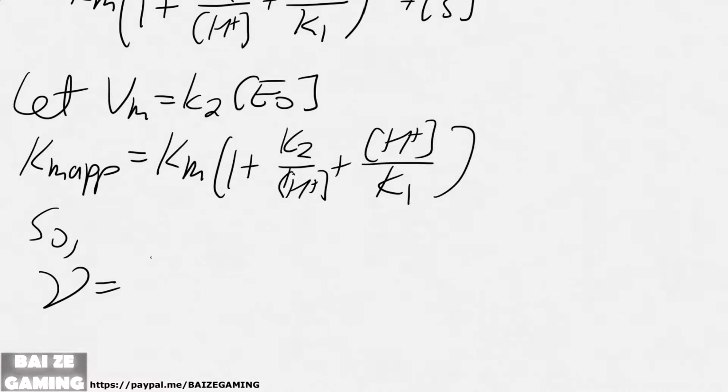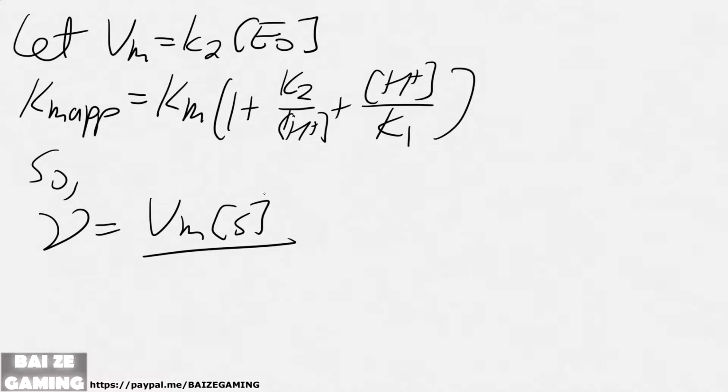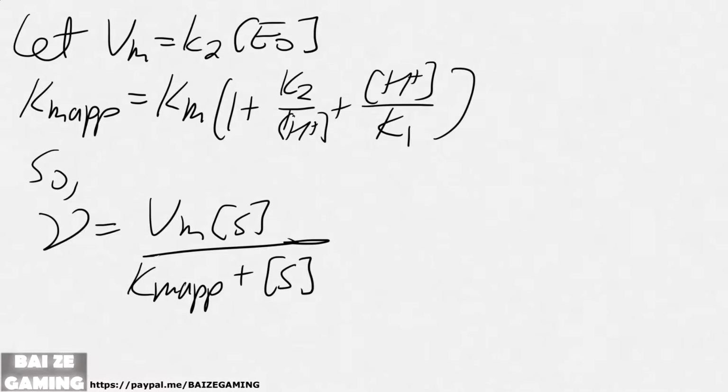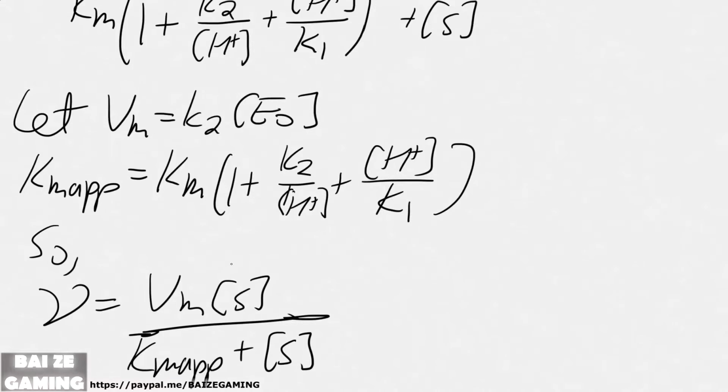And then we'll get it in the Michaelis-Menten form. Looks nice. And there you go. That's the effect pH will have on your enzymatic reaction.